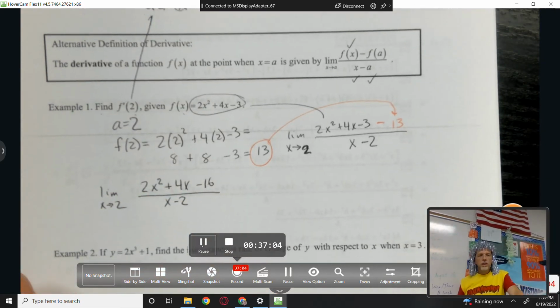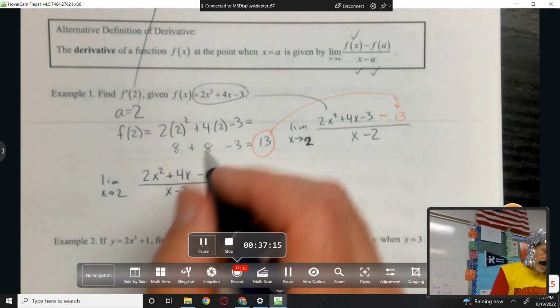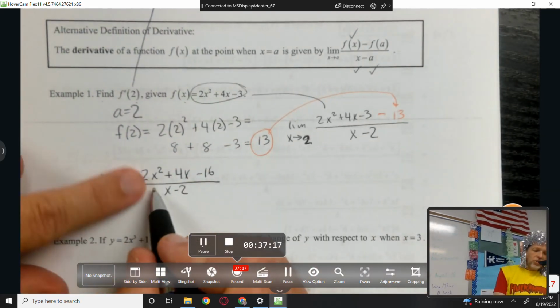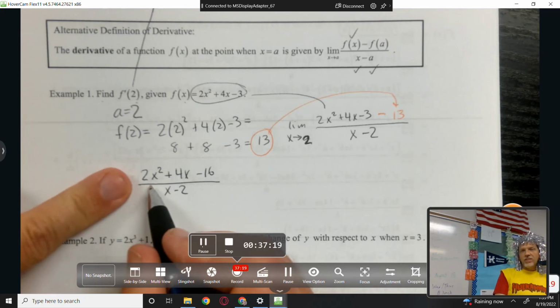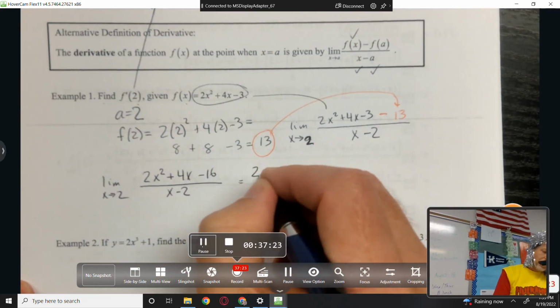I'm guessing if I plug 2 in now, well, I know I get 0 in the bottom. I'm guessing I get 0 in the top as well. So let's factor the top and hope that something cancels. And I was worried this was going to be one of those yucky factoring where you have a lead coefficient of 2 and you got to really play with things. But it's not, because we could take a 2 out of everybody.